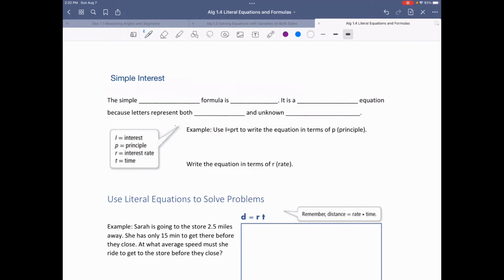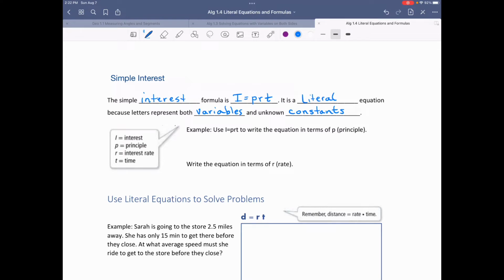The simple interest formula is I equals PRT. It is a literal equation because letters represent both variables and unknown constants. When you go to the bank and you deposit money into your savings account, they might offer you interest on the money that you put into the bank.